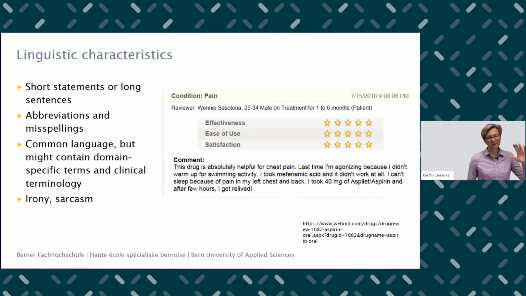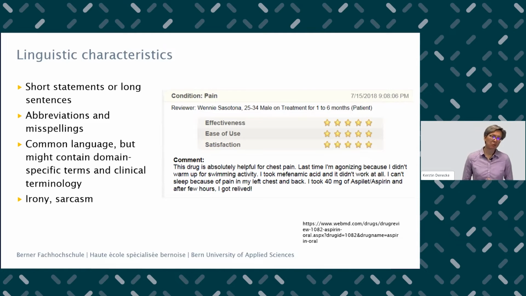Given these different sources of information in social media, these different channels where text is posted, they come with different linguistic characteristics. When considering Twitter, for example, we have very short statements. In contrast, when we consider blog postings, we might have very long sentences. This is something we have to keep in mind when applying sentiment analysis methods.